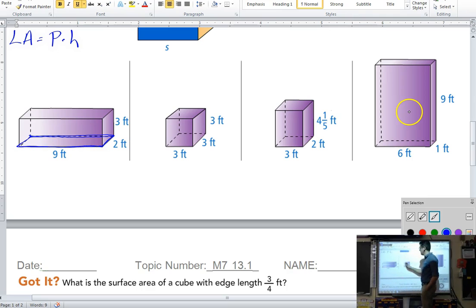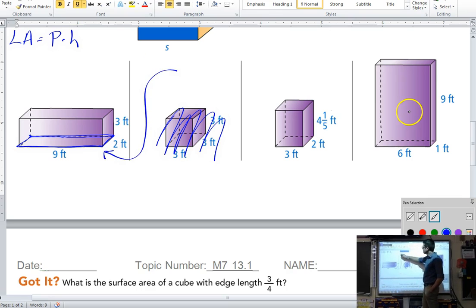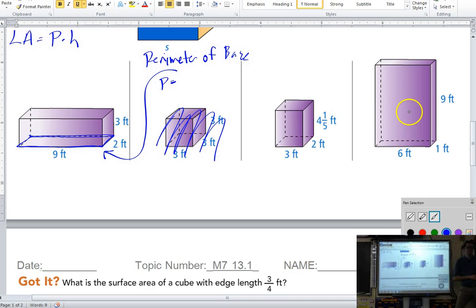So when I look here at my perimeter, well, how do I find the perimeter of that base? How do I find perimeter? What is perimeter? Around, right? So kind of like circumference, it's the distance around.